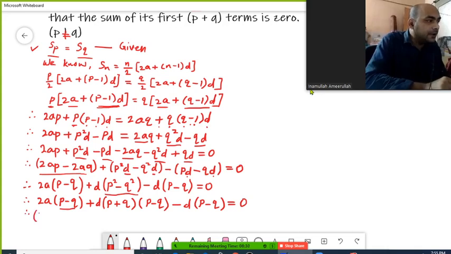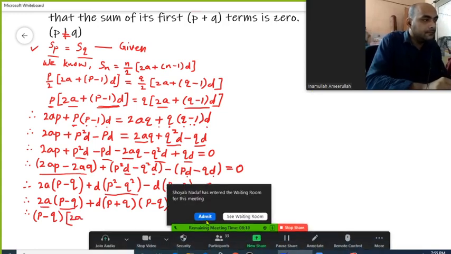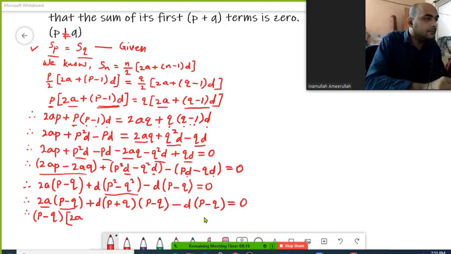So I'll take out p minus q as a common factor. In another bracket, we have 2a plus, we have taken out this p minus q. So after taking out p minus q, what is left?